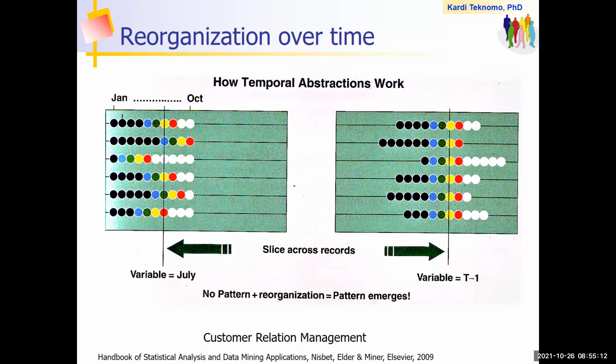Then suddenly you see some kind of pattern. So the point is, if you have no pattern and you reorganize, then suddenly you create some pattern, which is easier to understand. Humans like to see pattern.